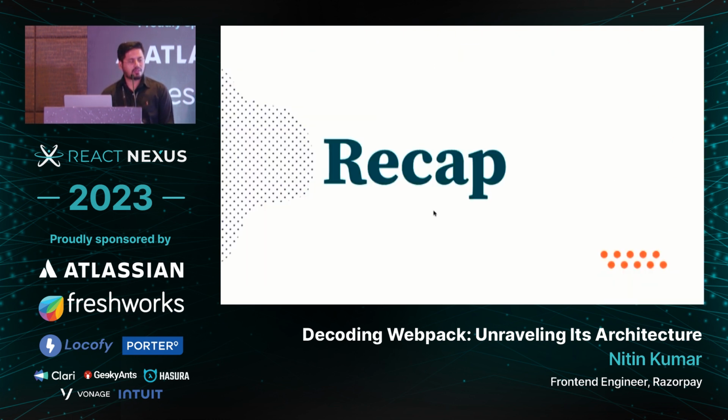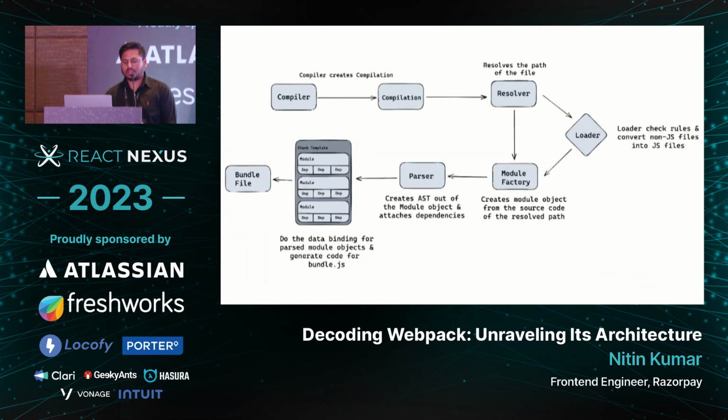So let's recap. The cycle starts with the compiler. The compiler creates a compilation object. The compilation then initiates the resolver whenever a request comes to it. The resolver resolves the path and checks if it's a non-JavaScript file, and checks if a loader is defined against it. Otherwise, it will throw an error.